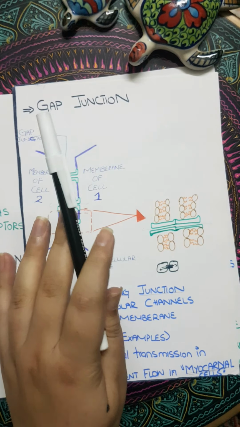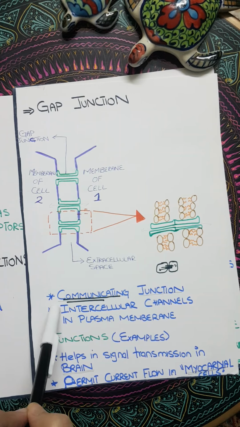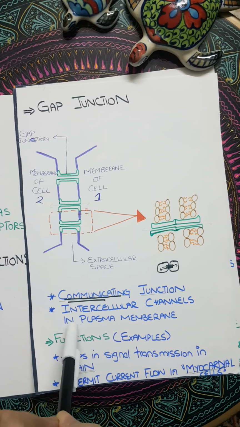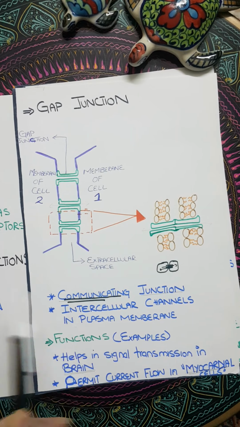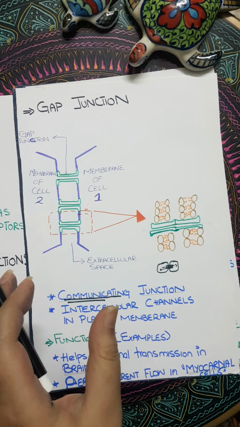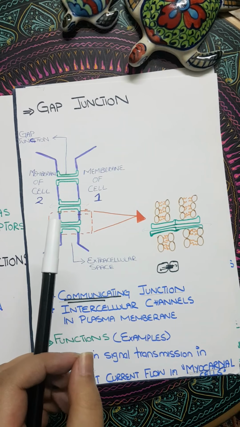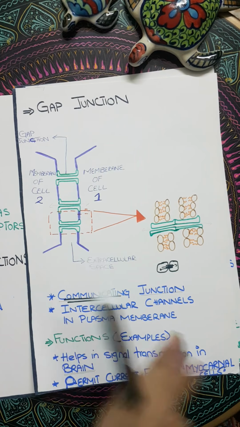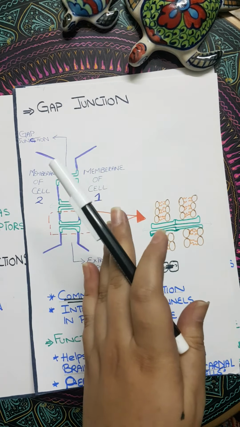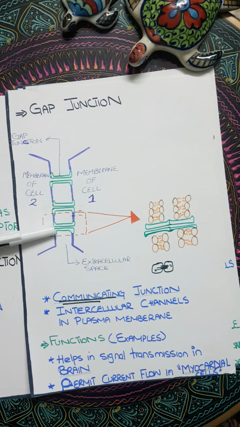So gap junctions are actually intercellular channels in the plasma membrane, through which the membranes of the two cells are communicating with each other.